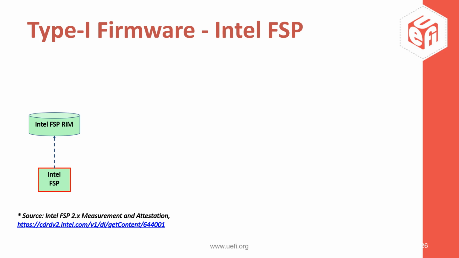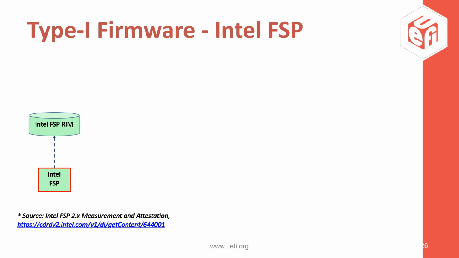Right now it's 2.3. So in the context of these 2.x specifications, this document describes how to create and consume measurements around the FSP. And so the first part is the production of the reference integrity manifest. So this is sort of the offline creation process.